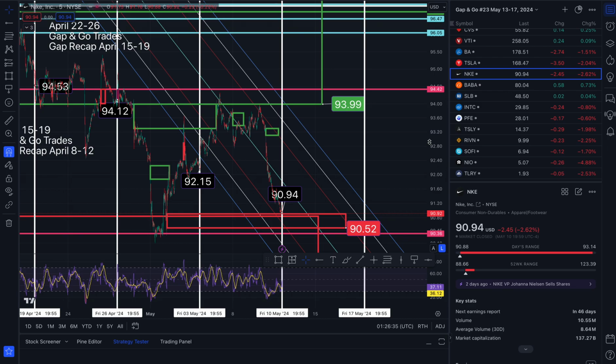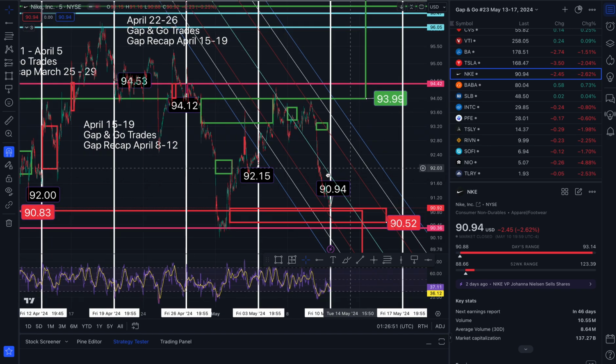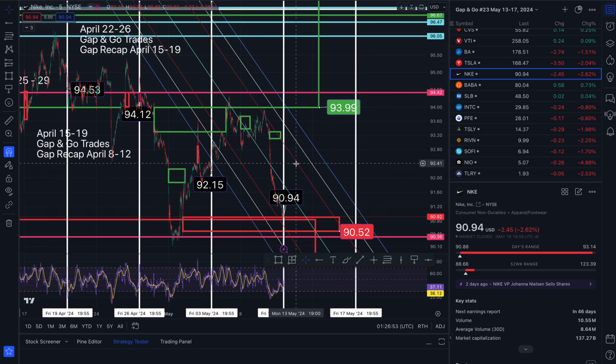So the probability of hitting that and then this again is a bigger probability of making that number hit at 93.99. Not sure if I'm explaining that, but the odds increased is what I'm saying. Two different gaps took us to 93.99. That's all I'm saying.